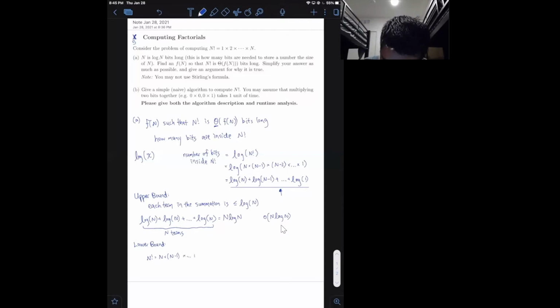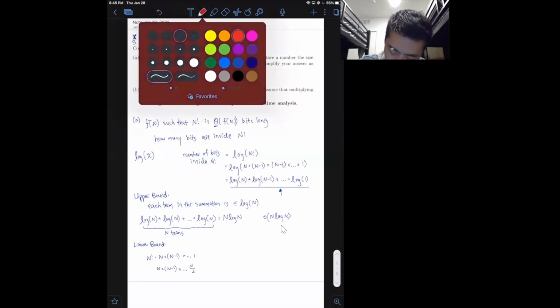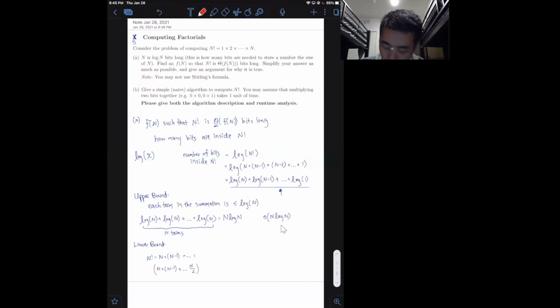Now let's consider this product instead: n times n minus 1 all the way down to n over 2. This product, which I'm wrapping in red parentheses, is clearly smaller than n factorial because I'm not multiplying all the terms that are present in n factorial.